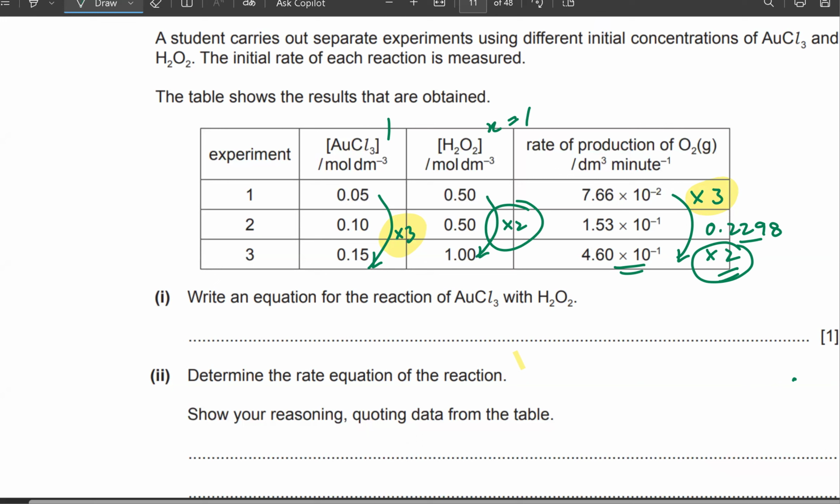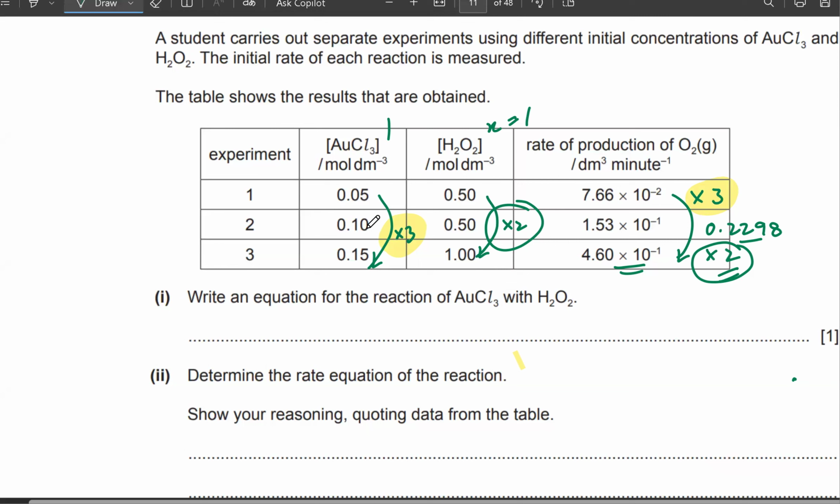Okay. So is this clear to everyone? Both of them are order 1, right? That one we figured out order 1 because we compared experiments 1 and 2, right? That doubled and the rate also doubled, right? So I already figured out that one was experiment number 1. The problem was with this one because I couldn't find any experiment where the other one was kept constant.